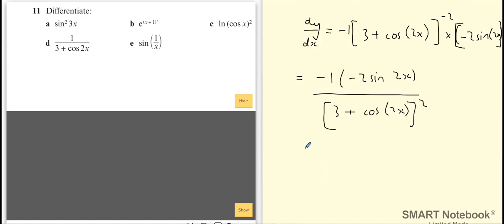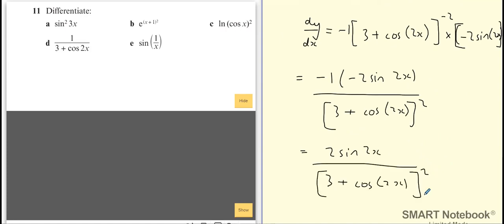And so your final step is to say minus 1 times by minus 2 is 2 sine 2x over 3 plus cos 2x squared.